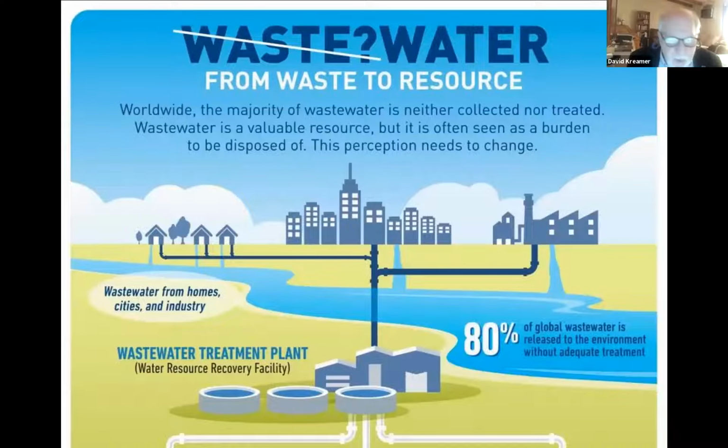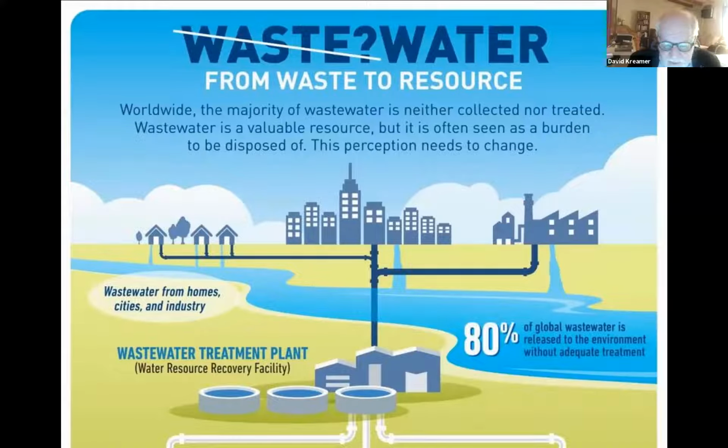Another thing that can be used for water supply is the reuse of wastewater. Globally, it's estimated that about 80% of global wastewater, that is water from industries and from sewage, is released into the environment without adequate treatment, and this creates pollution problems in our surface water.